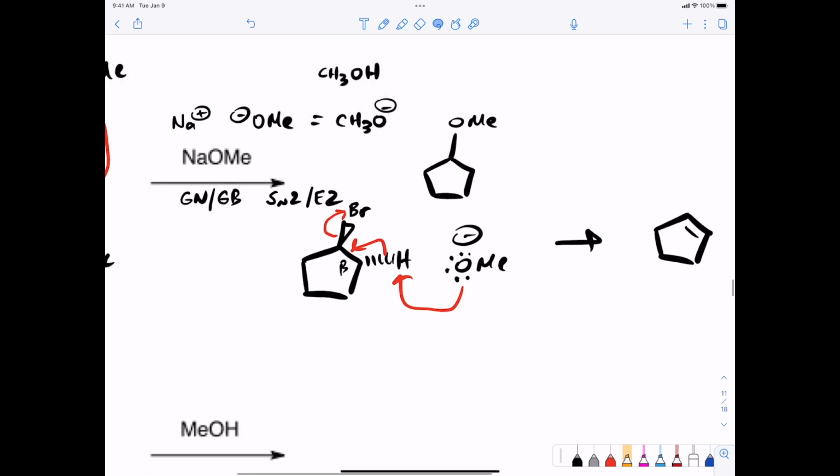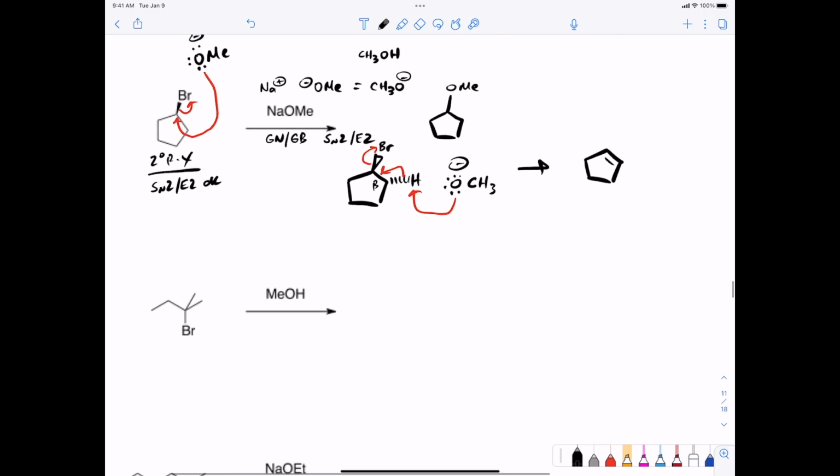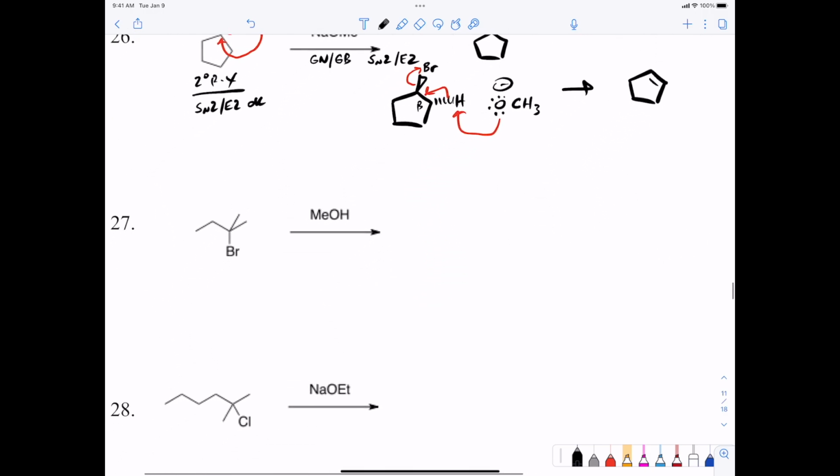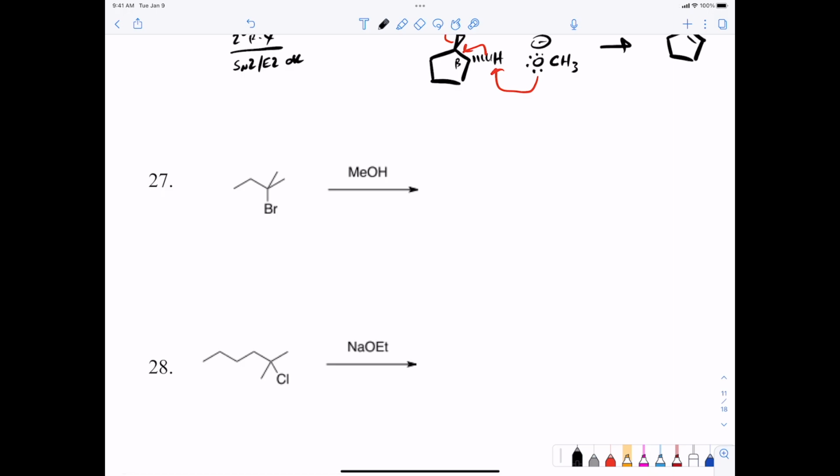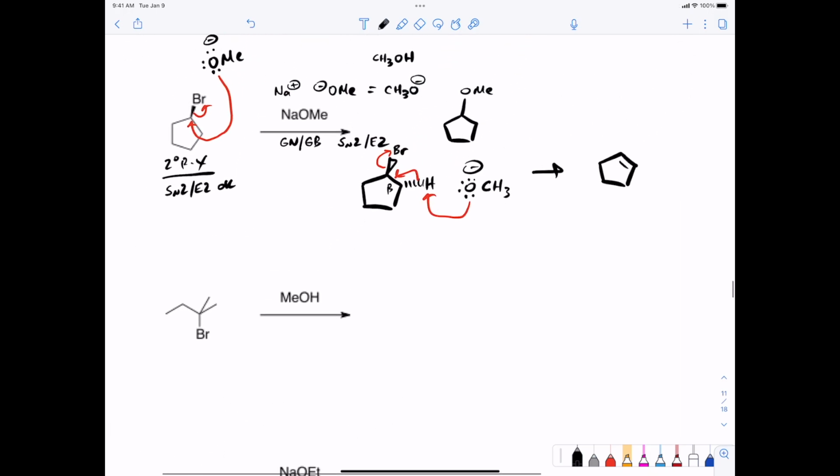Sometimes organic chemists will use abbreviations, Me for methyl group, and I will do that too, and it's irritating, but you'll get used to it. Oh, yeah, I could see that. All right, sorry about that.